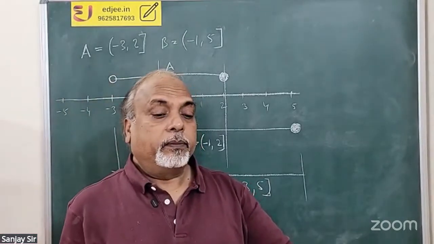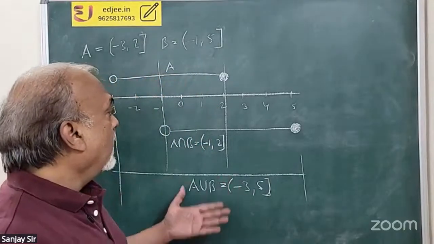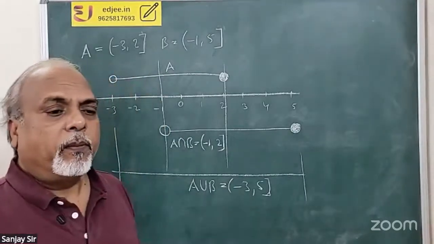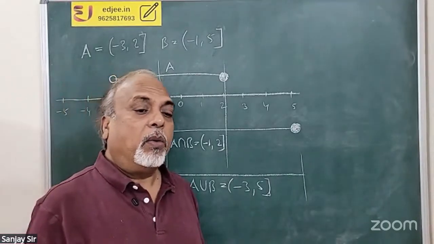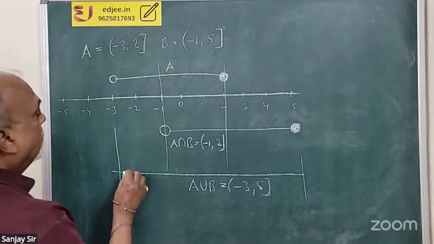Correct? In the number line itself, you can find out this thing. These are basically intervals. Correct? What about A minus B? A minus B. This is your A minus B.